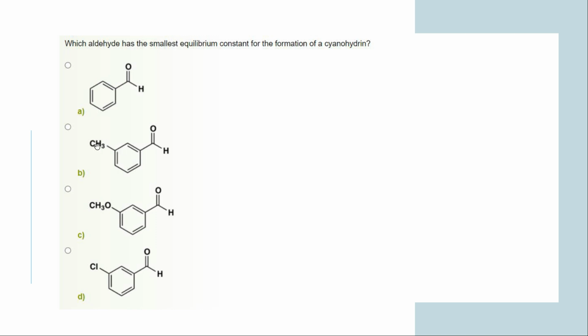But when it comes to methyl, which does not possess any lone pair of electrons, when it is present in the meta position, it behaves in a similar way to how it behaves in ortho and para positions. So methyl in meta position also behaves as an electron donating group. Thus, by donating its electrons towards the aldehyde, it will make this carbonyl carbon electron rich.